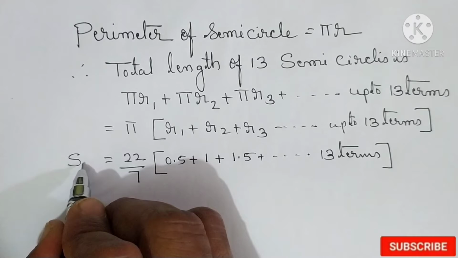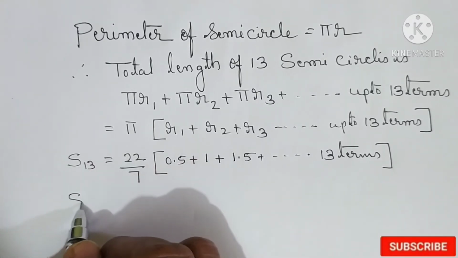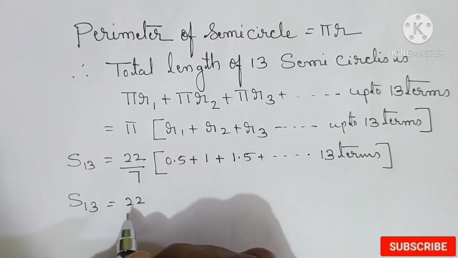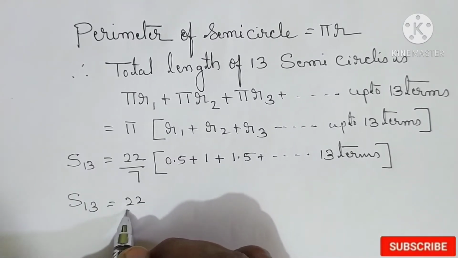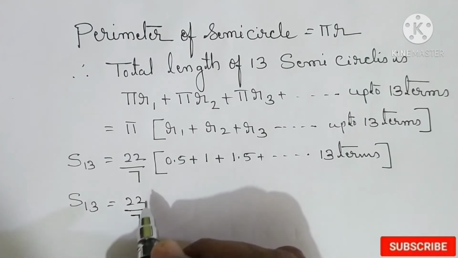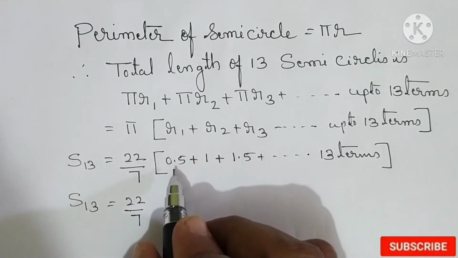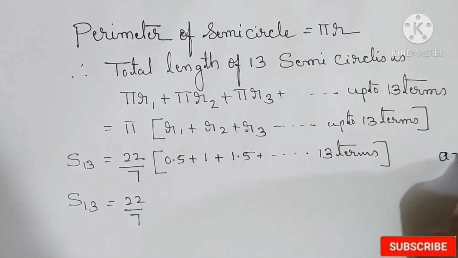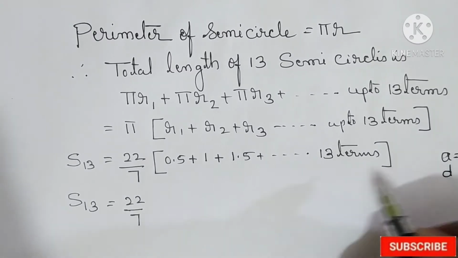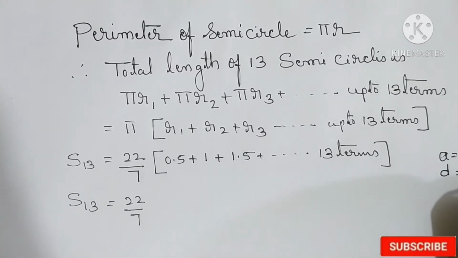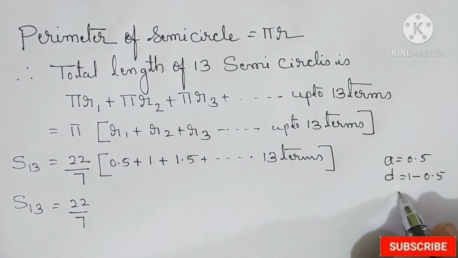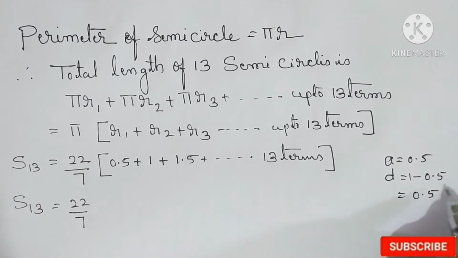So here S13 is equal to 22/7 times the sum. The first term a is 0.5. The common difference is 1 minus 0.5, which is equal to 0.5.